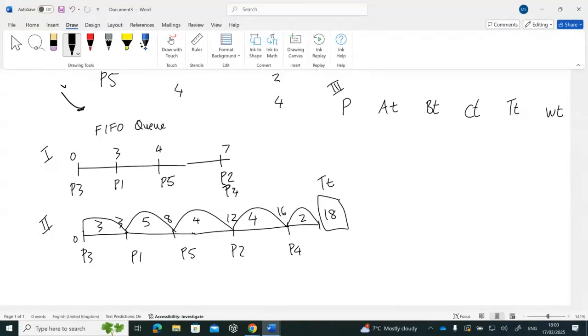Okay, now what is the order here? It's not the same as given. What is the order here now? So it's P3, P1, P5, P2, P4.